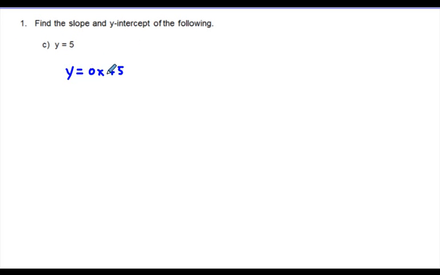In this instance our slope is going to be equal to 0, and our y-intercept is going to be equal to 5, or we could say the coordinate pair 0, 5, or you could say b, in the convention of slope-intercept form language, is equal to 5. So different ways of looking at this.